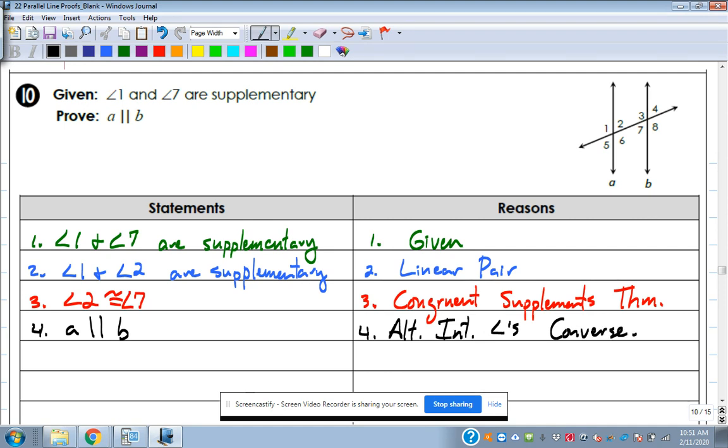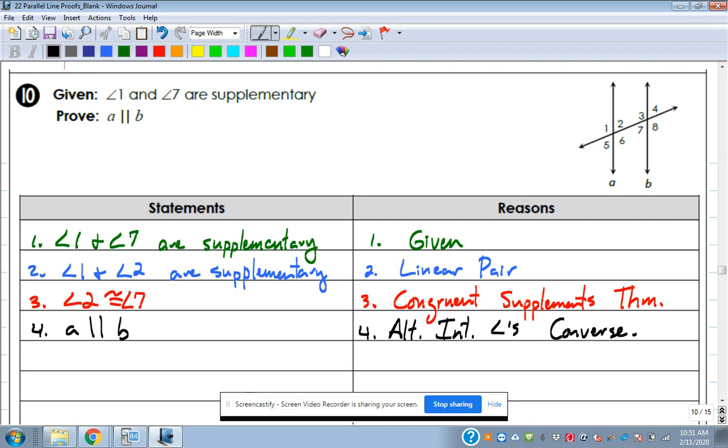Definitely a lot of different ways you could go with that. You could do different angle pairs there. You could even do what do we know about angles 1 and 6? Just talking about a different route. They're vertical, and what do we always know about vertical angles? They're congruent to one another. So if 1 is congruent to 6, and 1 and 7 are supplementary, then 6 and 7 would be supplementary.